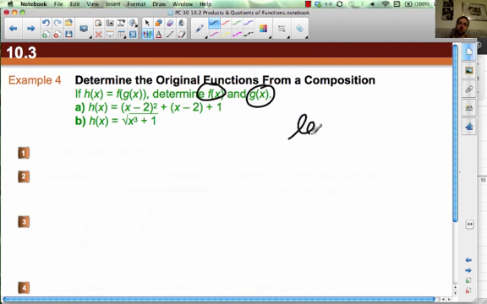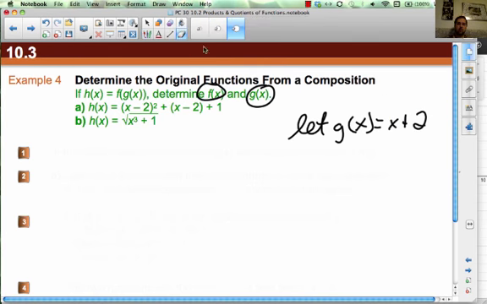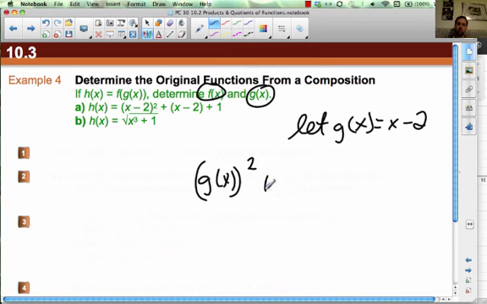So if we just say let g of x equal x plus 2. Sorry, that should be x minus 2. Let g of x equal x minus 2. Now we can rewrite this h of x as g of x squared plus g of x plus 1.